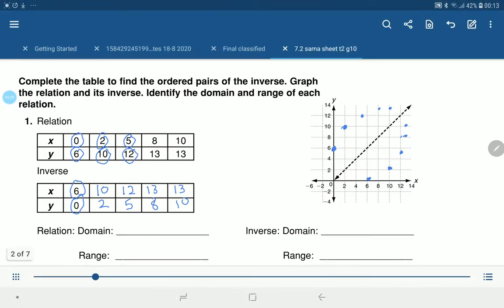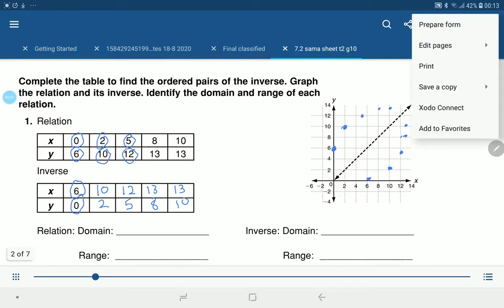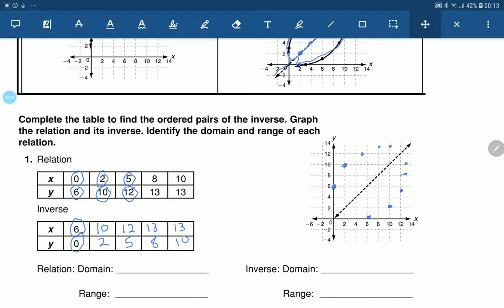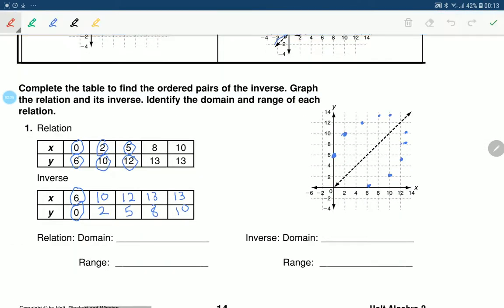When joining these lines, we will find that the relation of the function is the reflection on y equal x of the inverse function.